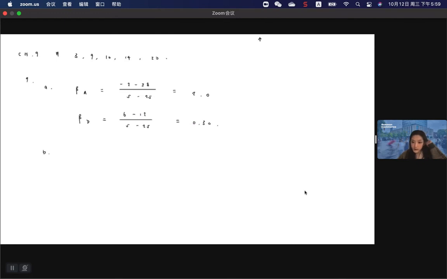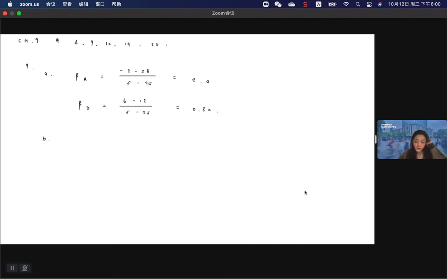Question B asks, what is the expected rate of return on each stock if the two scenarios for the market return are equally likely? So there is a 50% chance of each occurring.